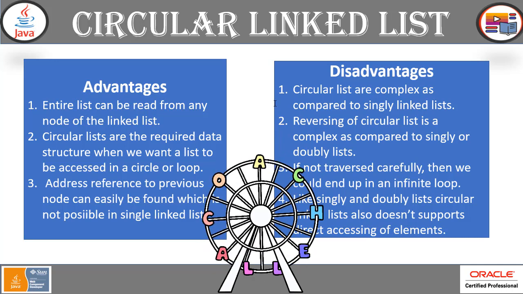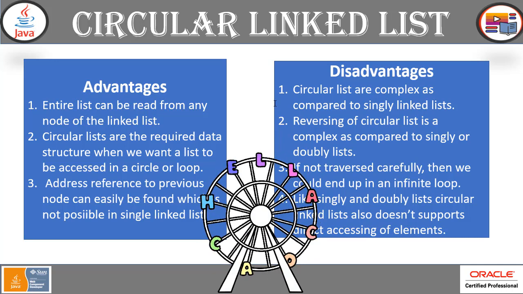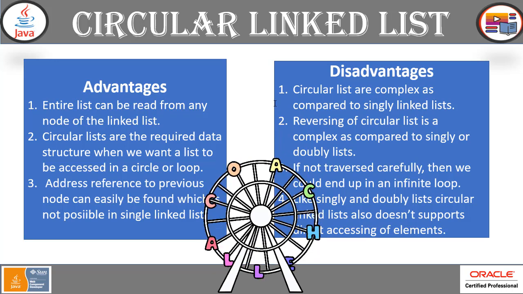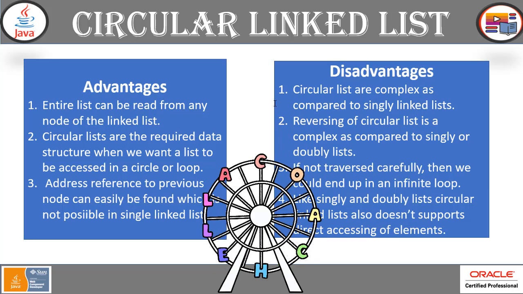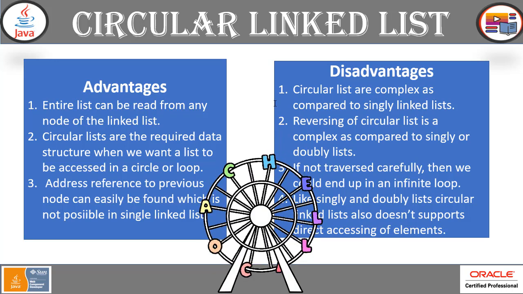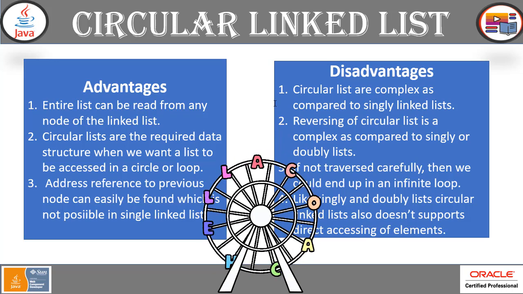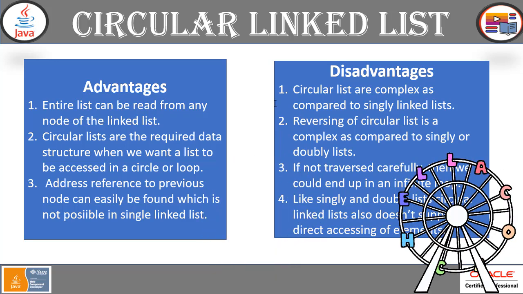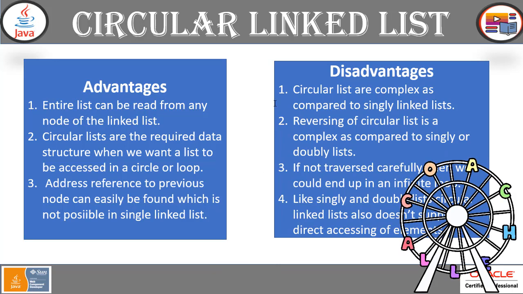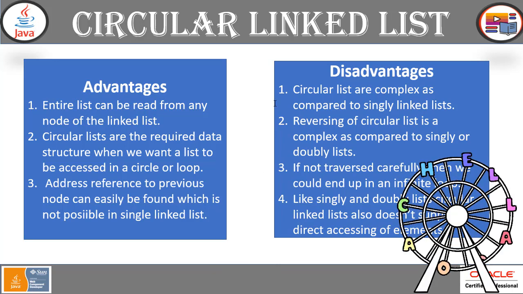If not traversed carefully, then we could end up in an infinite loop. So we make sure we are not making such conditions which will make it an infinite loop. Like singly or doubly list, circular linked list also doesn't support direct accessing of elements. You need to scan to access a particular node, just like a giant wheel.